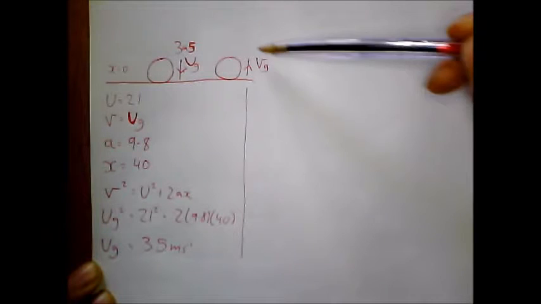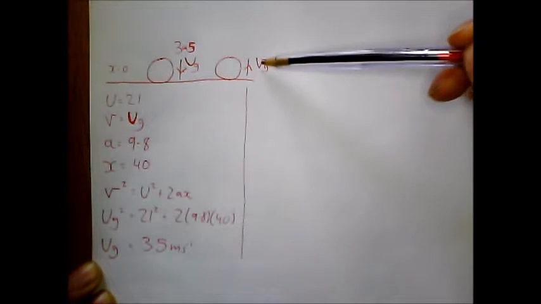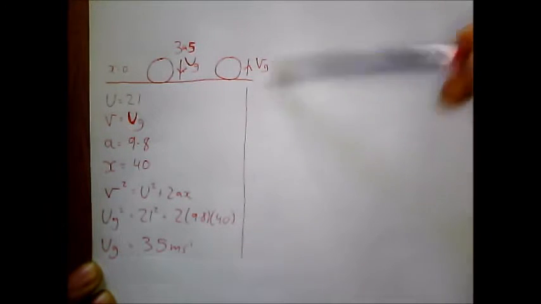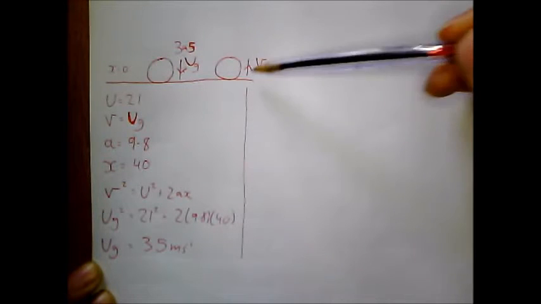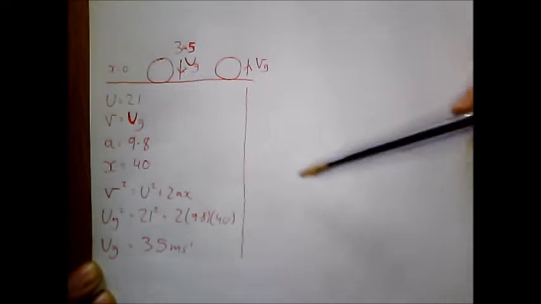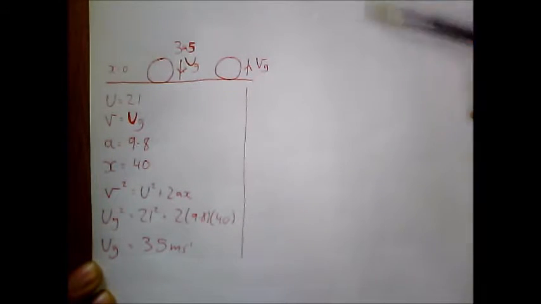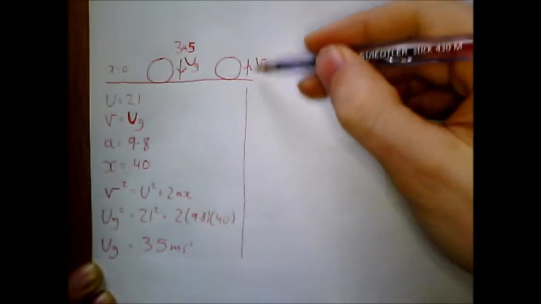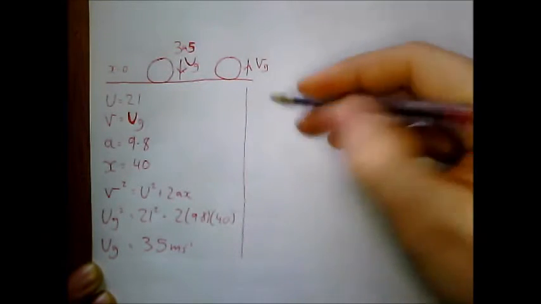Okay, now don't be tempted to use any values for here. It's not going to come back up at the same speed. It's going to have lost some energy here. So we have to do a separate SUVAT equation to find this initial speed here.